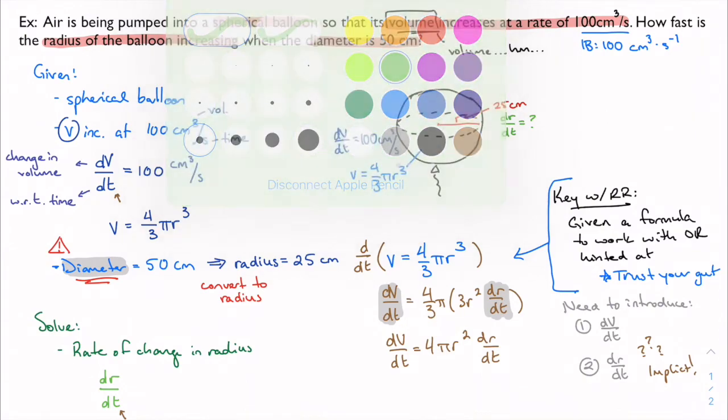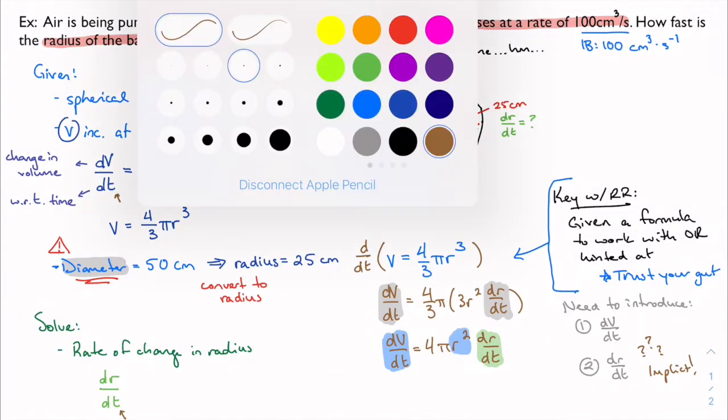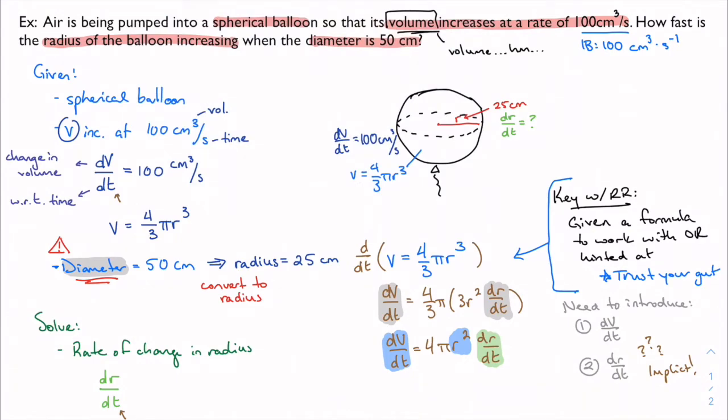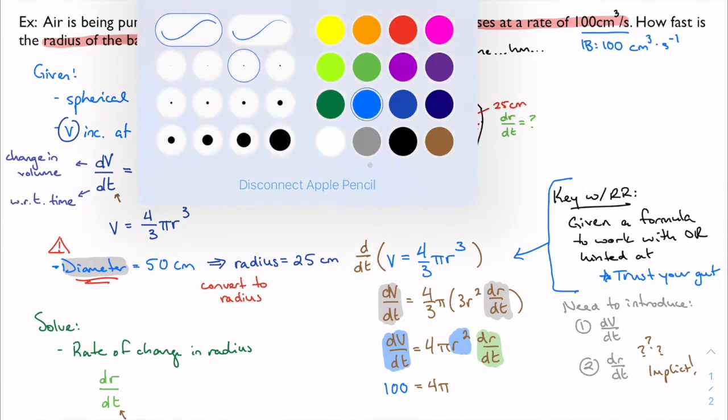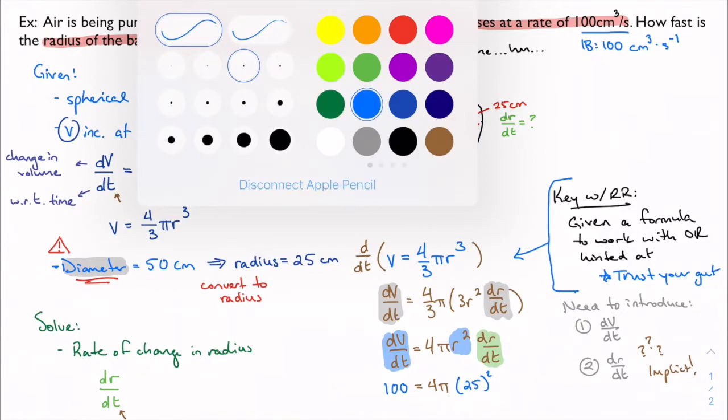Remember that I'm being asked to solve for dr by dt, and I know the rate of change in volume, and I know what my radius is. So I can just plug those in, right? dV by dt is 100. 25, my radius. We can figure out what that is squared later. And I'm solving for my dr by dt.